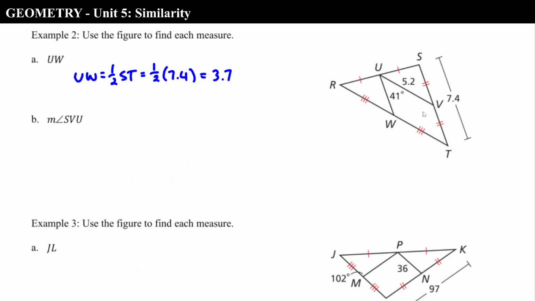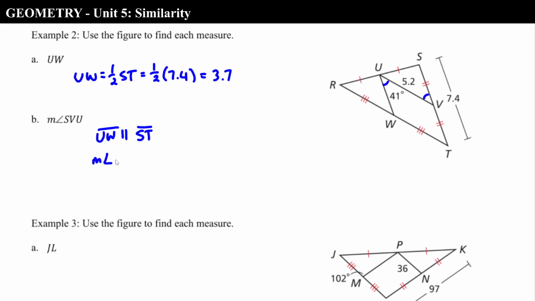Now, to find the measure of SVU, we need to know that UW is parallel to ST. And that is important because it allows us to use some transversals. So if UV is our transversal between these two parallel segments, then we can say that this angle is the same as this angle because they are alternate interior angles.